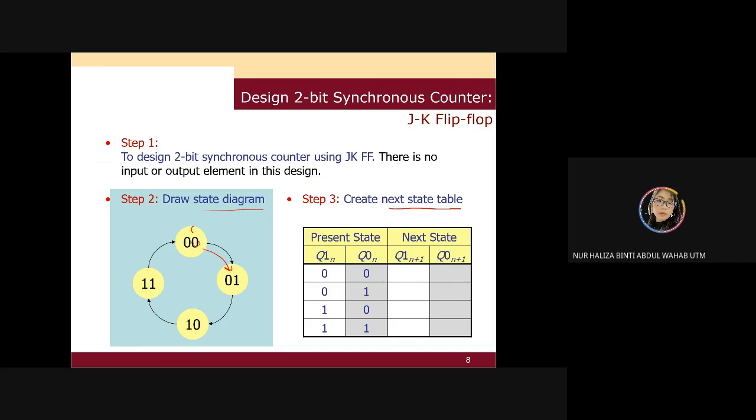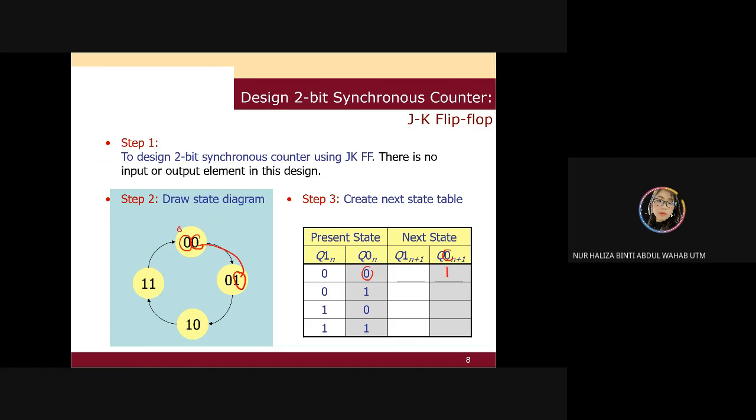This is our Q0, this is our Q1, but with the following of n, this is n plus 1. So this one you can see here, our Q0 for the next one will be 1.